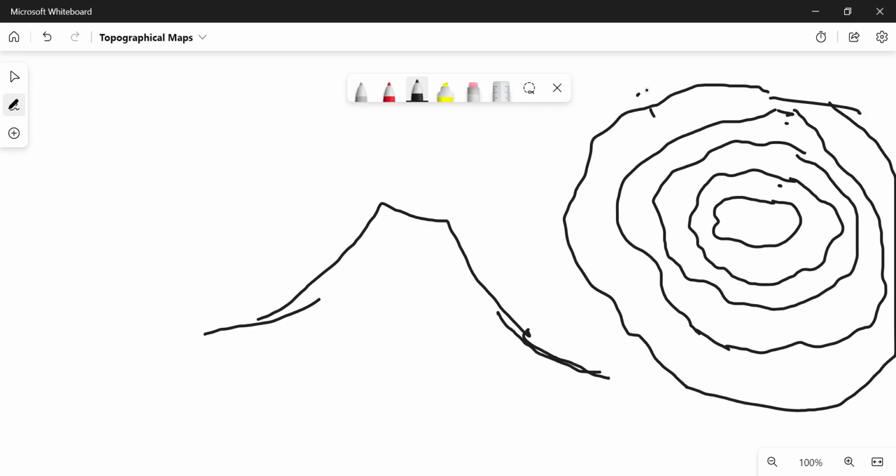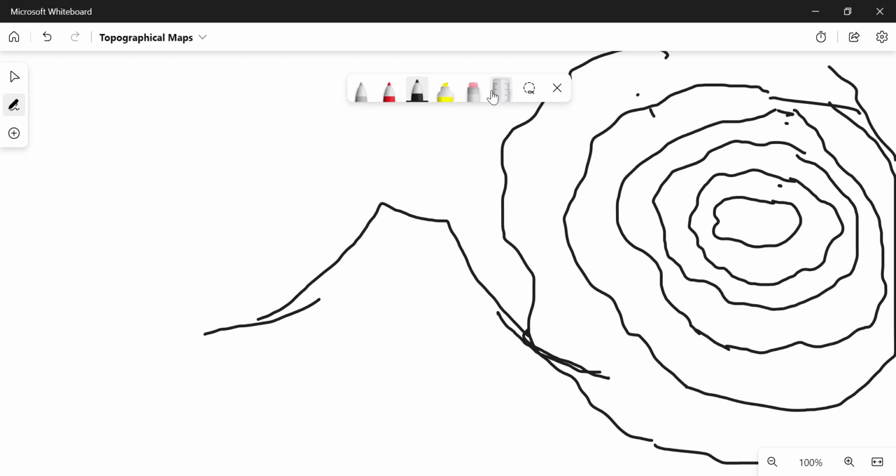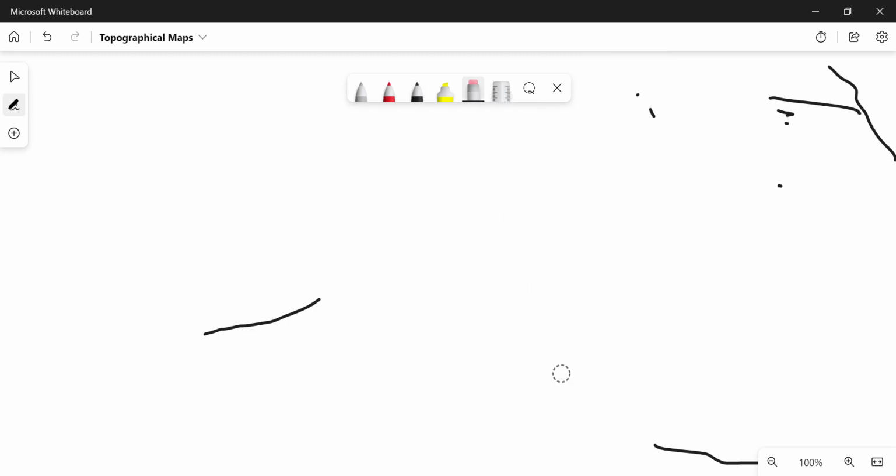And the last side becomes very wide, so it is denoted like this. So this is how to denote a mountain from contour lines.